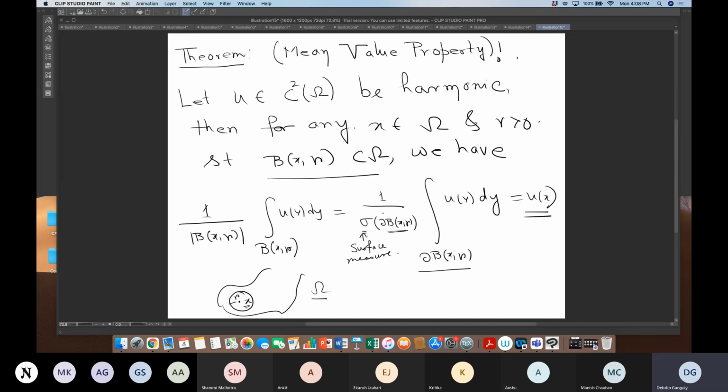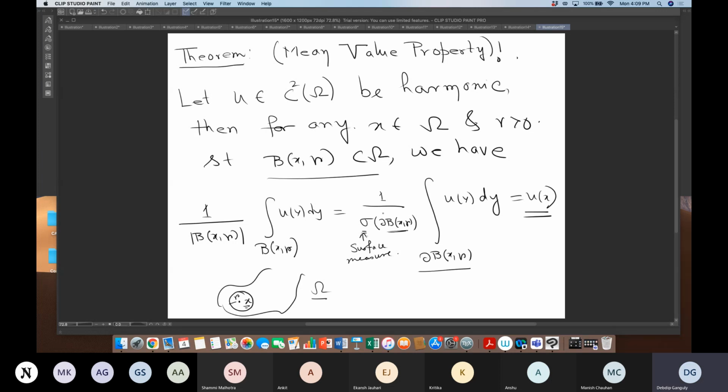Is that clear? Anything reminds you? I'm not saying it is exactly that, but very similar. Any analytic function can be written in the form of an integral, the Cauchy integral, right? Yes or no?